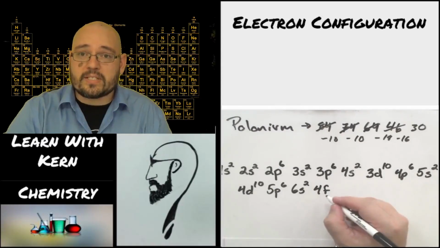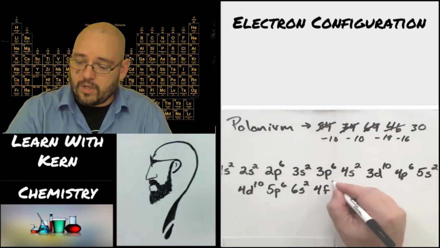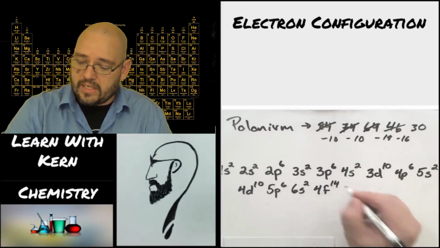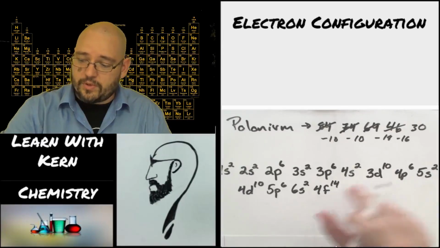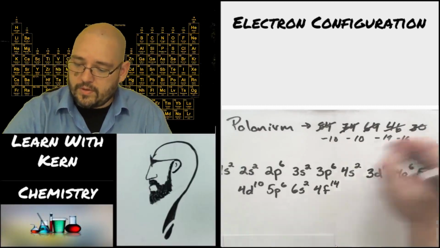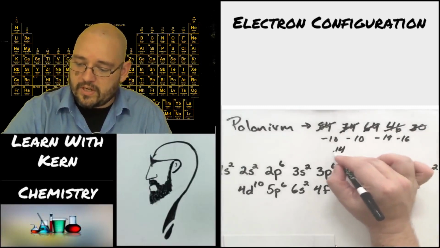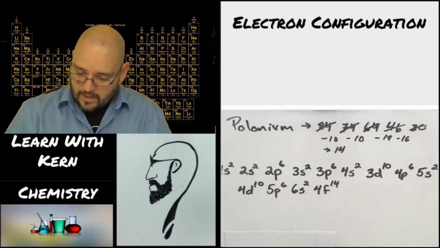Now an f orbital has 7 suborbitals. Each one holds 2 electrons, so an f orbital holds 14. So I just used another 16. So 30 minus 16 is 14. So I have 14 electrons left to place.